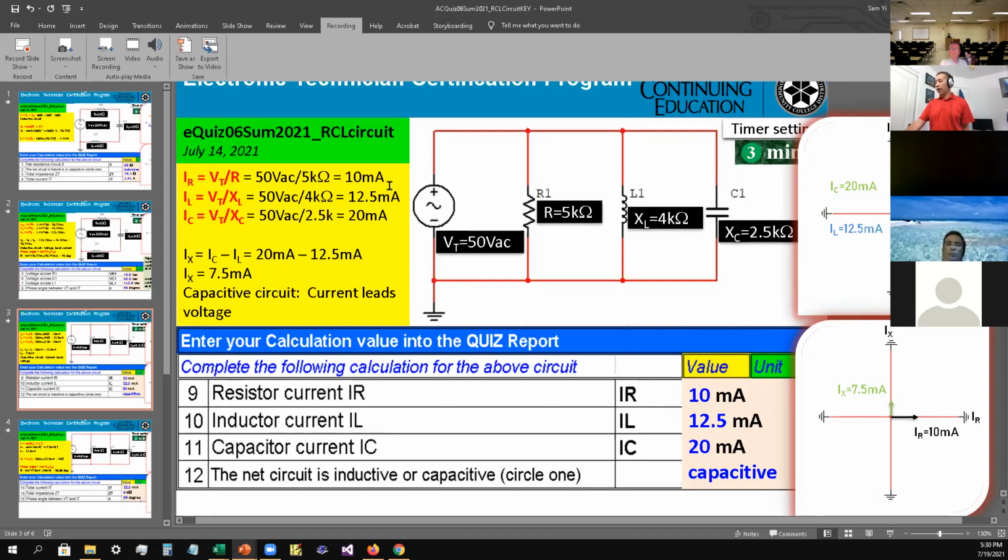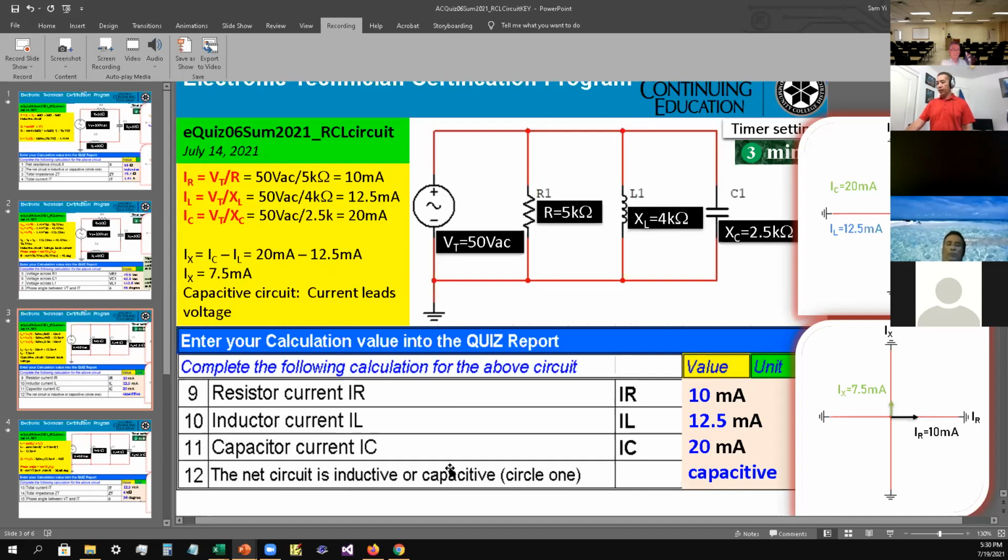So IR is 10 milliamps. Number 10 is the inductive current, IL. IL equals VT divided by XL, so 50 VAC divided by 4 kilo ohms yields 12.5 milliamps. So IL is 12.5 milliamps.